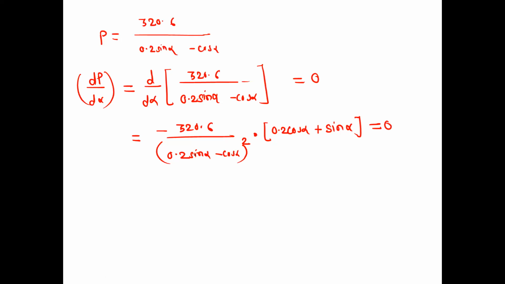So this is 0. You can cancel out this, and the remaining value will be 0.2 cos alpha plus sin alpha is equal to 0.